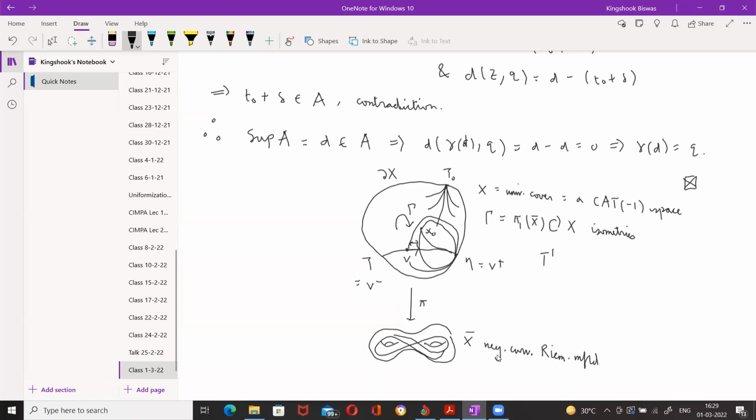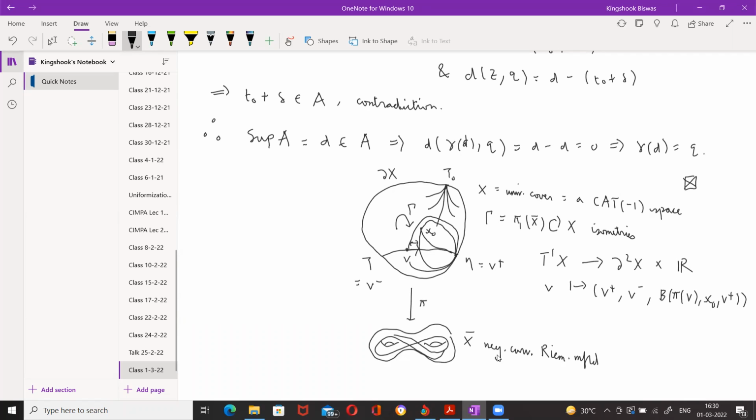So if I look at T1x, then there is a natural map to pairs of points on the boundary. That is a space called del2x cross R. So v maps to v plus, v minus, and a Busemann function between the foot point of v and x0 and v plus.